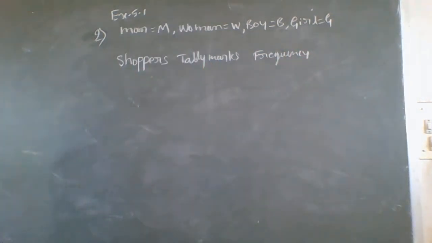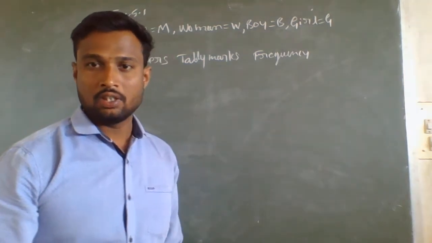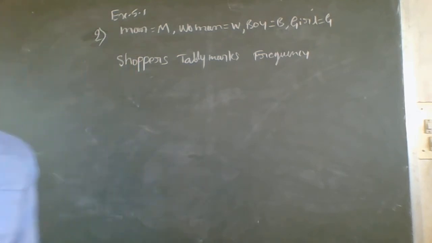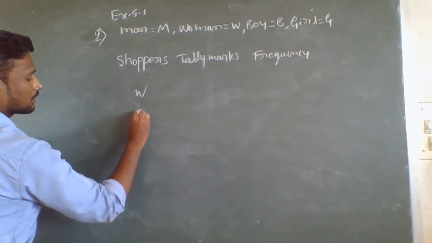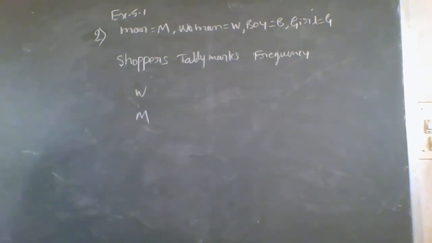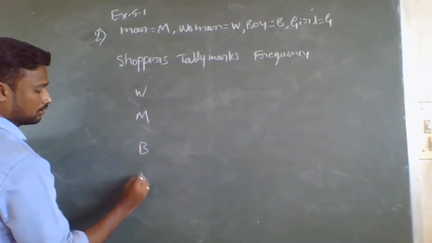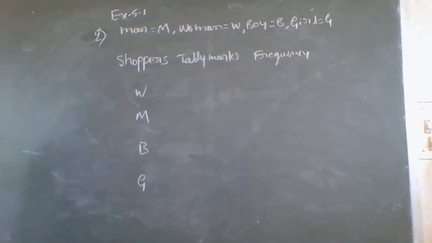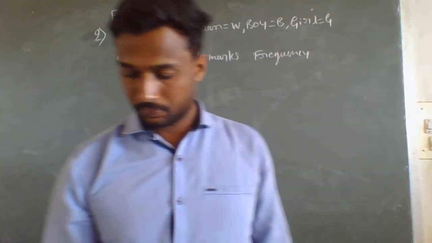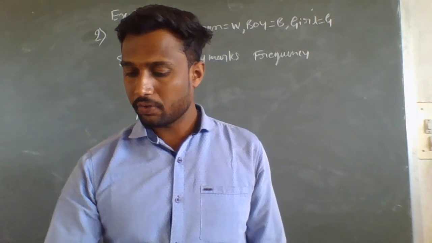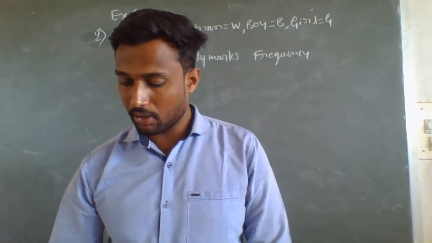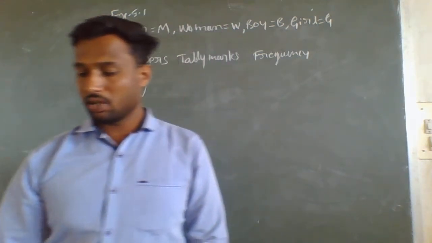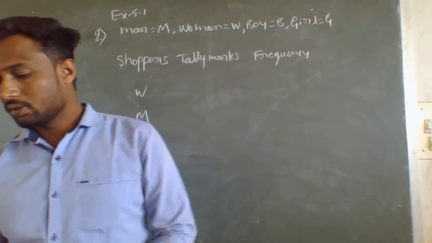Here, the list on page number 76 starts with W. So first I will write shoppers as W, and next man, boy, girl. Now count the number of W's in the list, meaning the number of entries made by women.